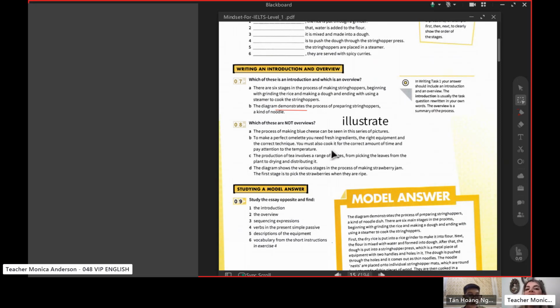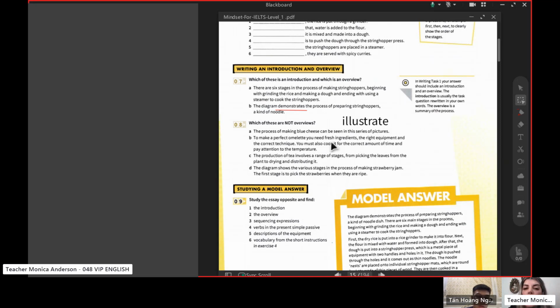Just you need ingredients, the right equipment, and the correct technique, just this. So it can be something like a process, of course, there are stages, we have some ingredients and some equipment and we mix them. You must also cook it for the correct amount. So actually, this is something like a general explanation. There is no detail here. So it can be an overview.